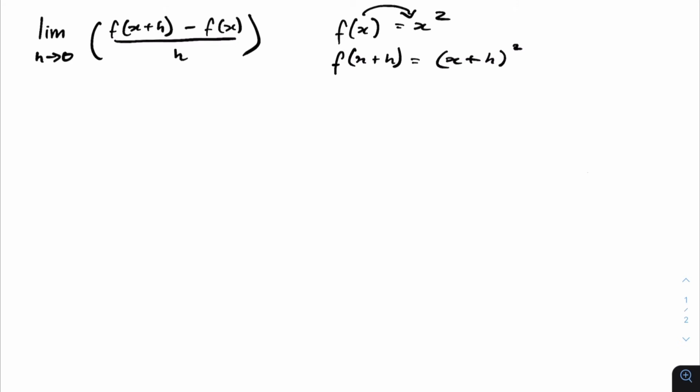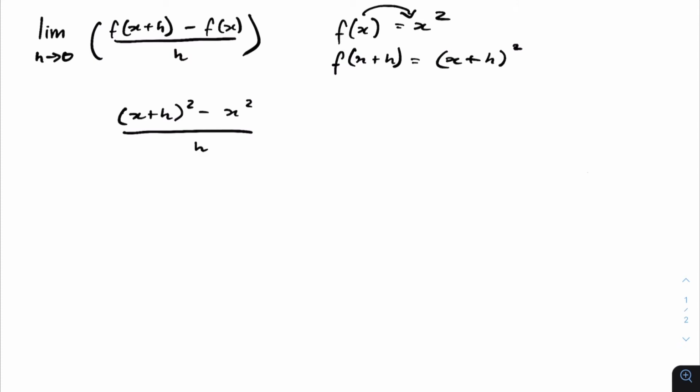So for any x value, it would be replaced by x plus h. I think we covered more of that in the functions unit. I haven't started releasing videos on the functions unit, but I will do so soon. Now that we know what f of x plus h is and what f of x is, we can simplify. That becomes x plus h squared minus x squared over h.